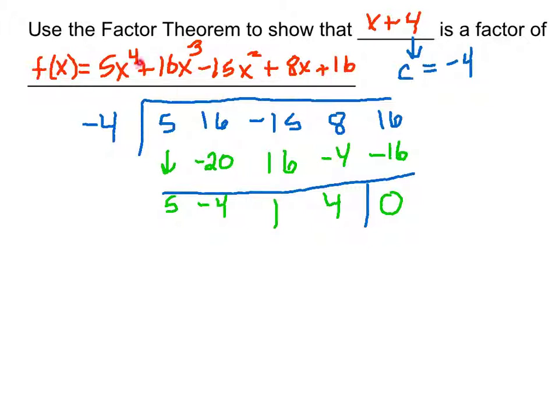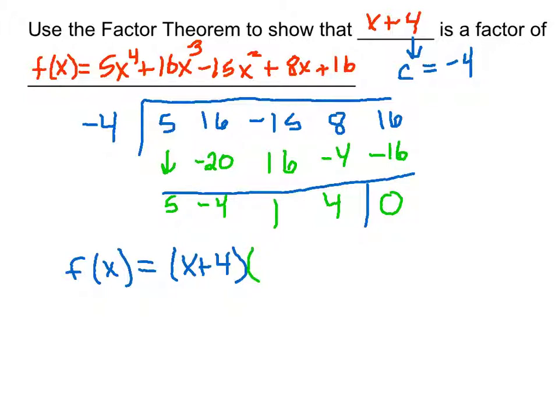Since I get a remainder of 0, that means x plus 4 can be divided out of this larger polynomial. In other words, we know that f of x is just this large whole polynomial. That means I can write this large polynomial in terms of my factor, x plus 4, what I was dividing out, times the quotient.